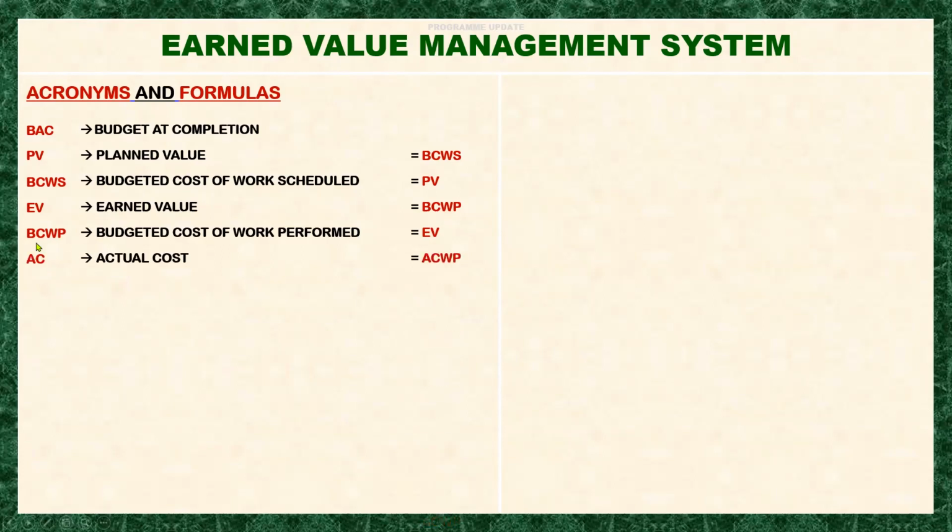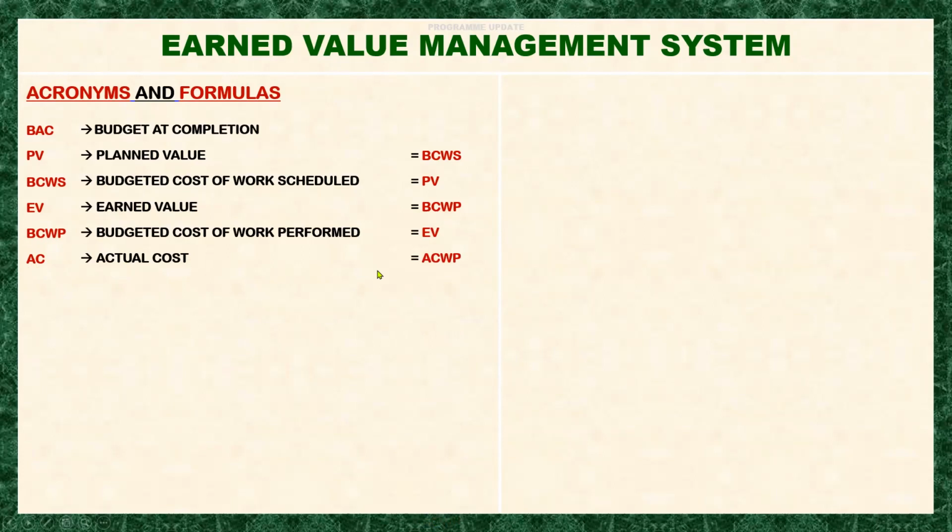Okay, next, the actual cost. There is no problem with this one because it is self-explanatory: when you say actual cost, of course, that is the one you spent for a certain job. The other term for AC is ACWP, meaning the actual cost of work performed.